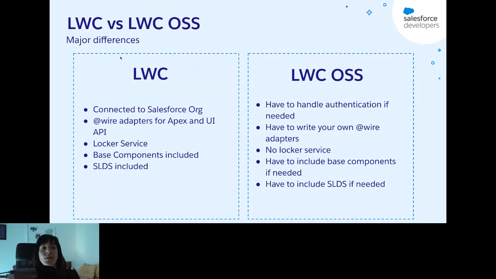If you are using Lightning Web Components on the platform, base components and the Lightning Design System are included, available for you. You can use them out of the box. But if you use Lightning Web Components outside of the platform and you want to use base components or the Lightning Design System, it's your responsibility to include them. Luckily, that is very easy to do because we have NPM modules for that.